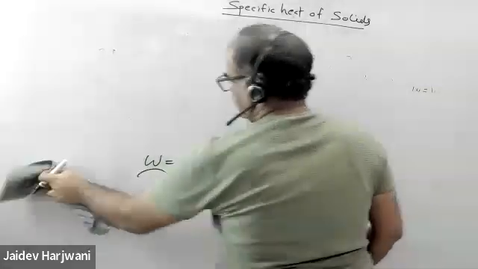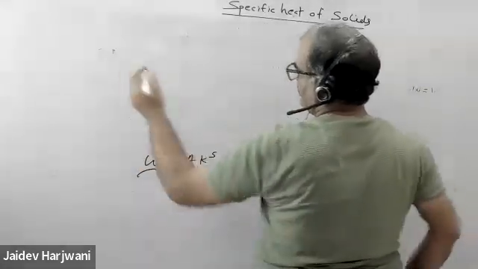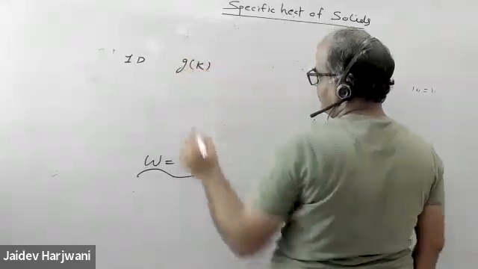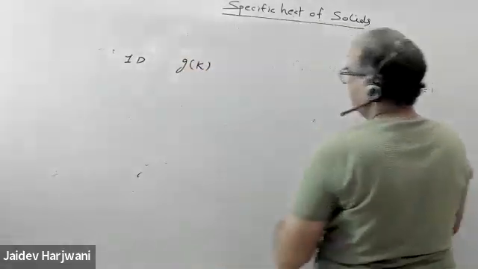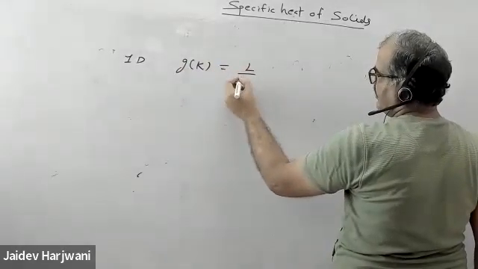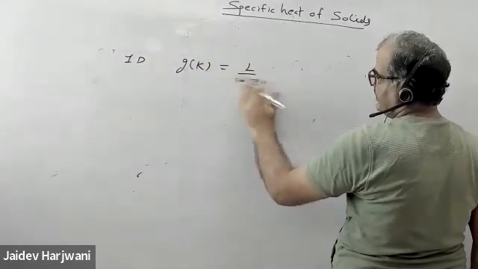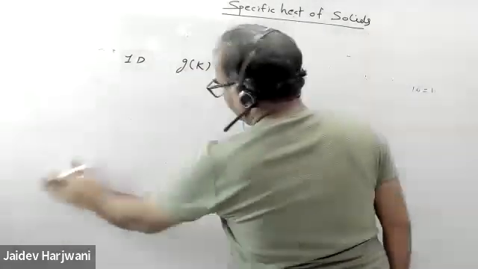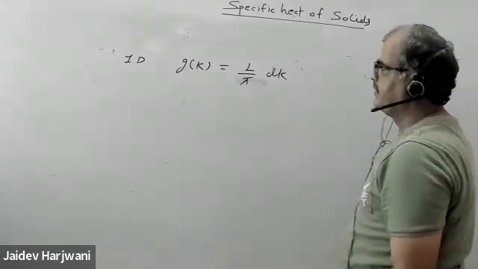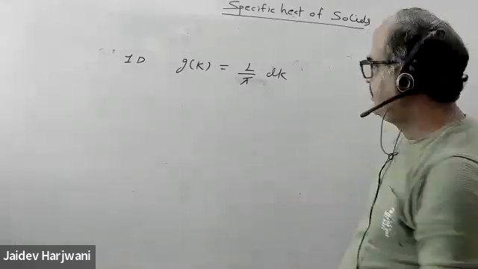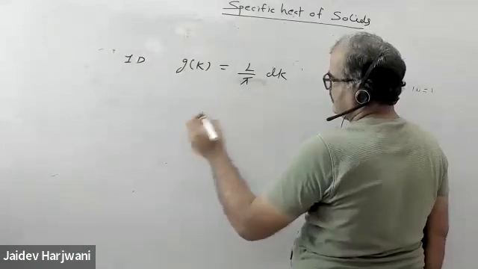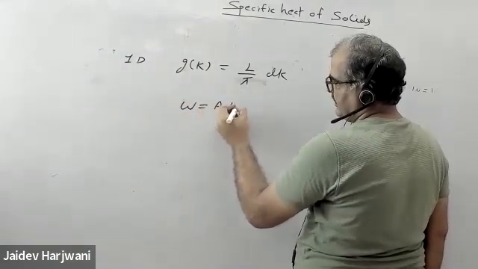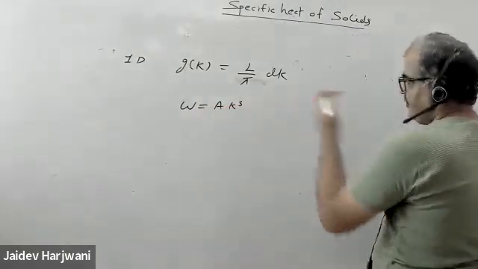For 1D we know our g(k) is L upon pi dk, am I right? This is 1D. But now, instead of the relation v naught k, we have the relation a k power s. So just put the values here.